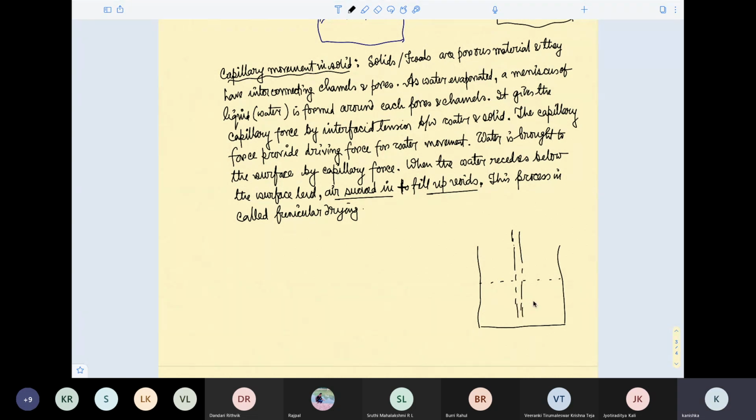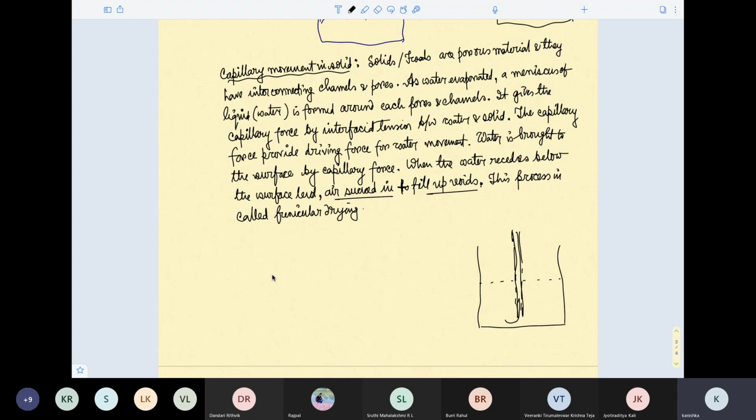Water will rise through this column because of capillary action. Within the food material there are a lot of interconnecting pores and capillaries, so the water within the food will rise up to the surface due to this capillary movement.